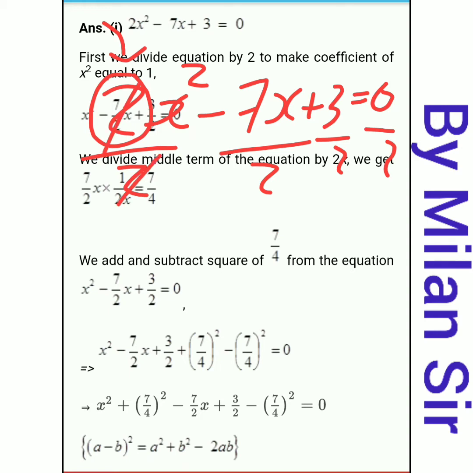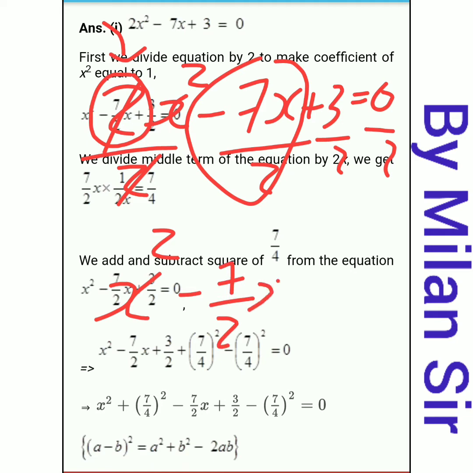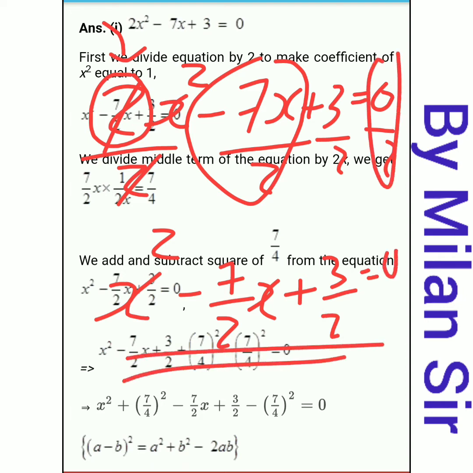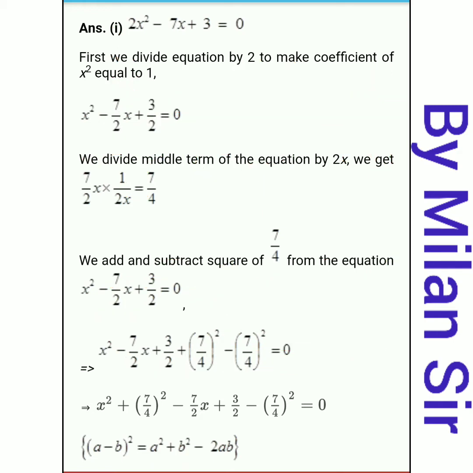Now the 2 cancels, so what remains is x square minus 7 by 2x plus 3 by 2 is equal to 0 by 2, which is 0. So we get this equation: x square minus 7 by 2x plus 3 by 2 is equal to 0. The next step is to write down the middle term, ignoring the sign. Here our middle term is 7 by 2x.